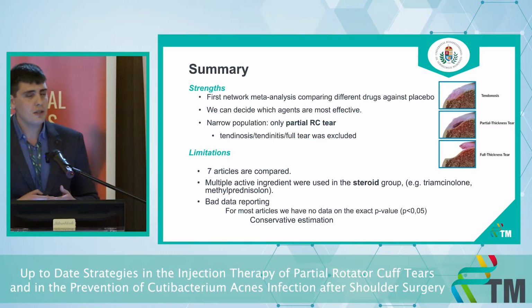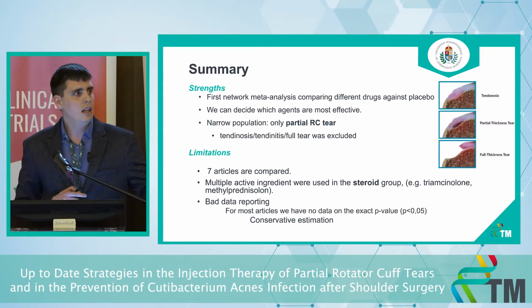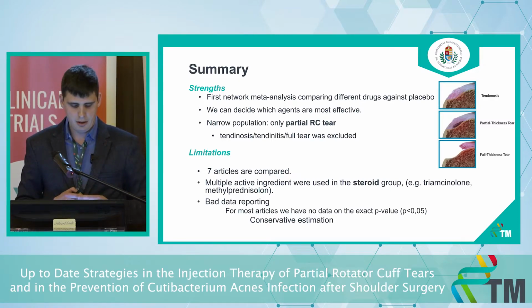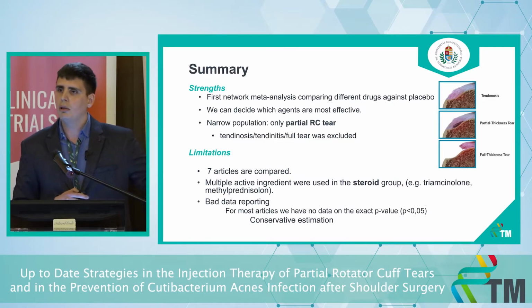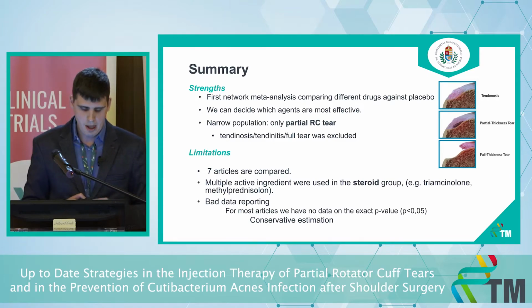We had some limitations. Unfortunately, we had only 7 eligible articles, and multiple active ingredients were used in the steroid group: triamcinolone, methylprednisolone, not only one type of steroid injection.